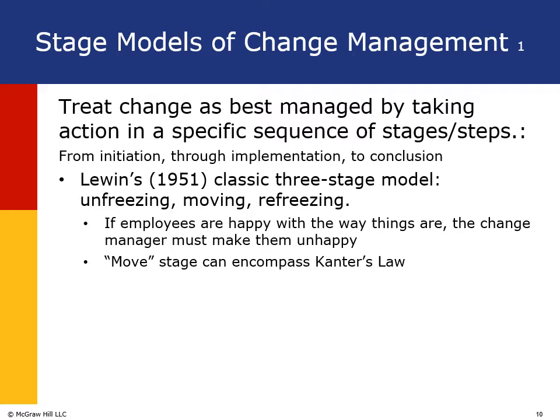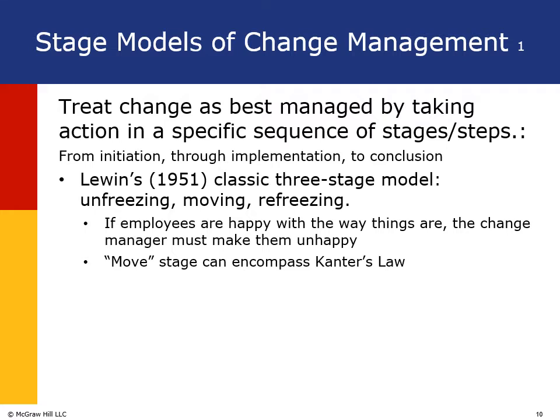It recognizes that change usually comes in stages, and a checklist may be too simplistic a model or method for going through change. So the stage model sees change unfolding over time from the initiation of the change through implementation and then to conclusion, and each of those steps has stages associated with it that play out over time.